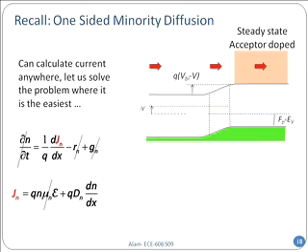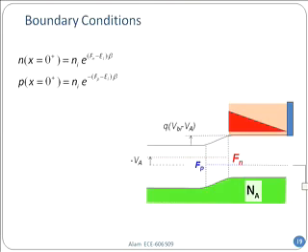And I have dn dx. Now, this should be very simple for you. So my solution of that region, shown here in the magenta color, will be equal to the second derivative of n, multiplied by D_n, equals 0. Now this even I can solve. This is very easy.